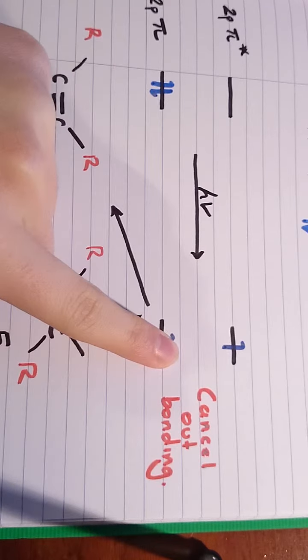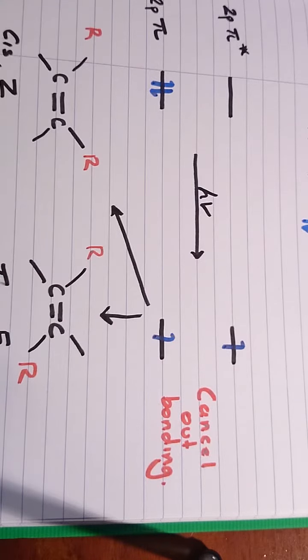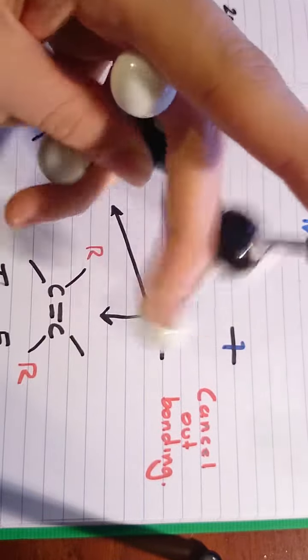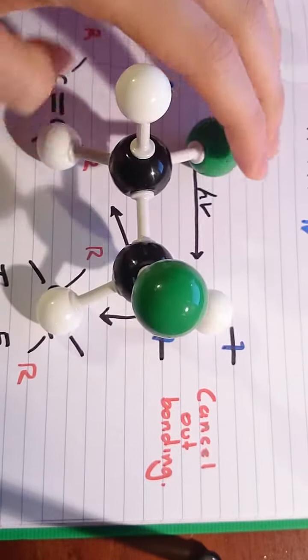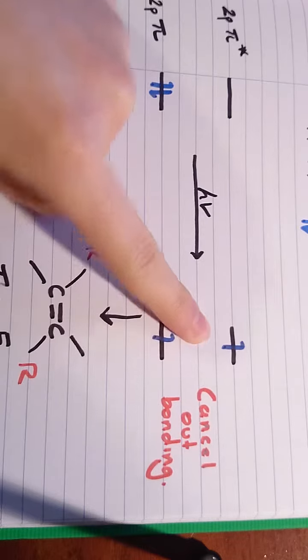Therefore, there is no overall pi bonding, and free rotation about the actual sigma bond is now possible because there is only one bond, the sigma bond. So we have now a radical formation here.